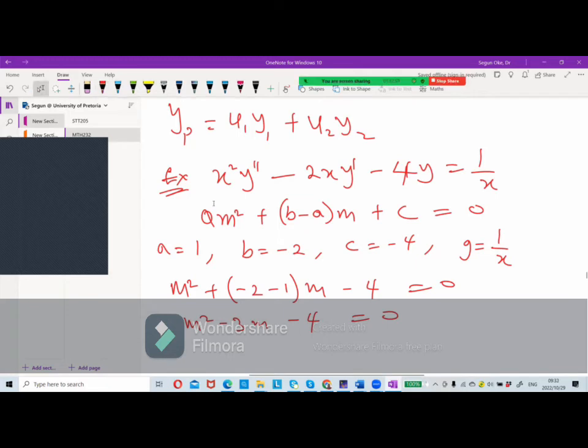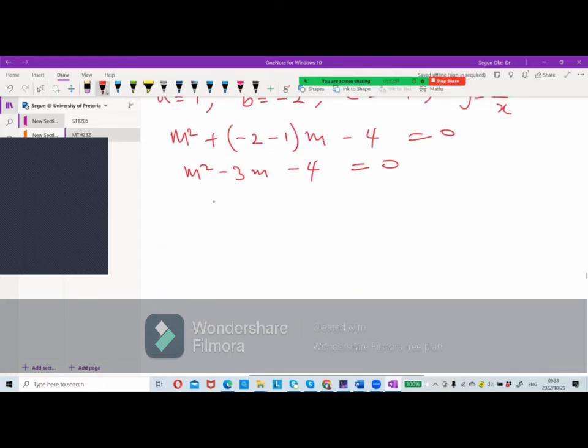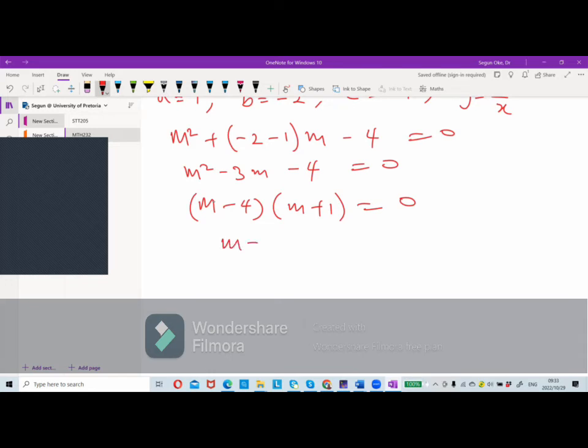So in this case, you have (m minus 4)(m plus 1) equals 0. So m is equal to 4, m is equal to negative 1.